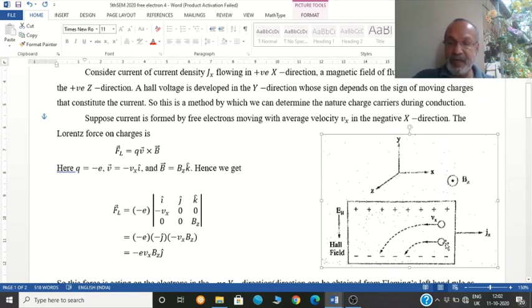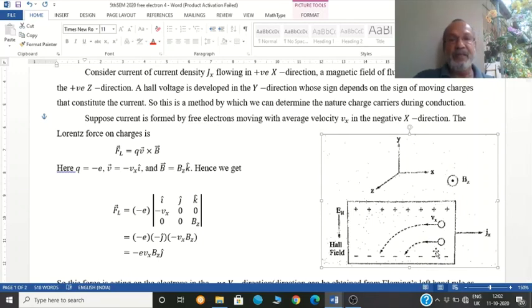So charge of the electron is negative, and velocity of the electron is also negative. Vx is the average velocity of the free electrons. It is also called the drift velocity of the free electrons that we have studied in the Drude-Lorentz theory.